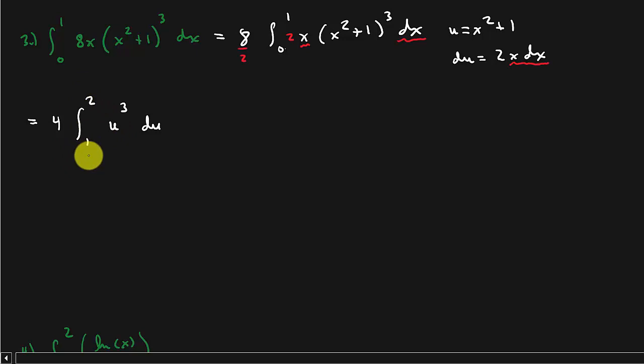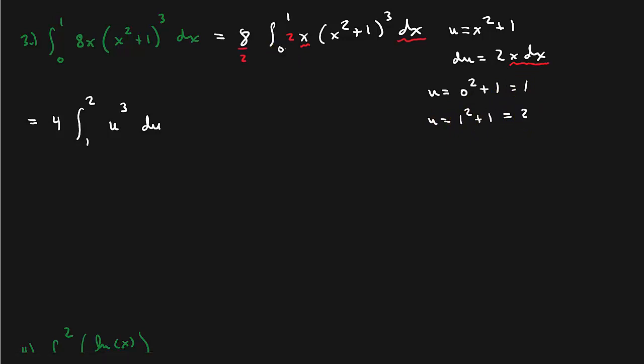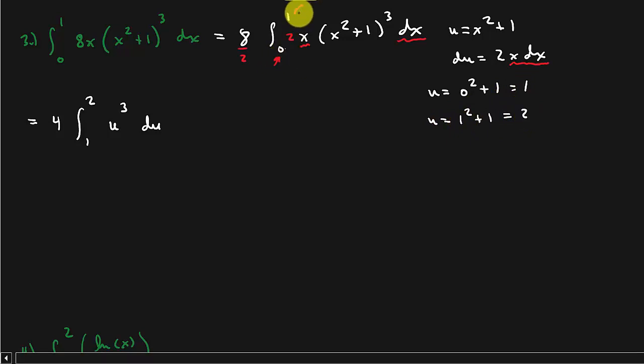Okay, so how do we get that? Well, u is equal to what? 0 squared plus 1, and u is equal to 1 squared plus 1. So this is 1 and this is 2. So what I did is I took each one of these bounds here and I plugged them into here to get my u values.